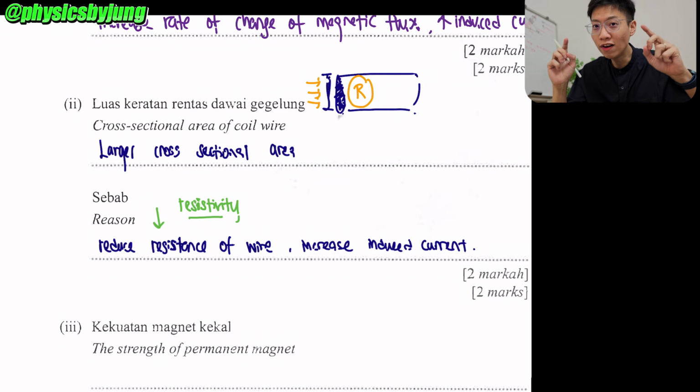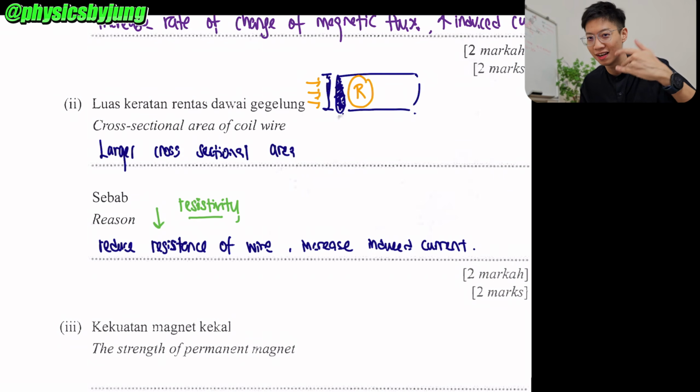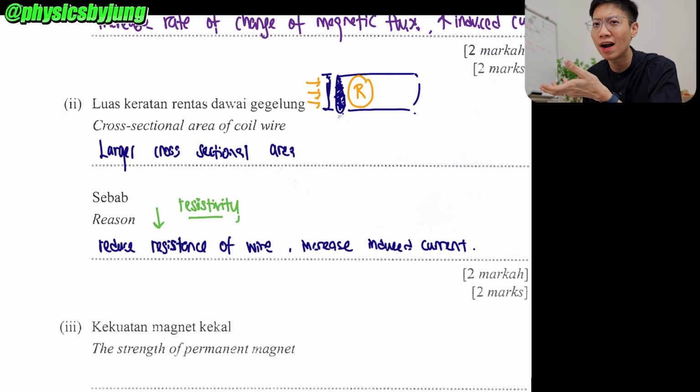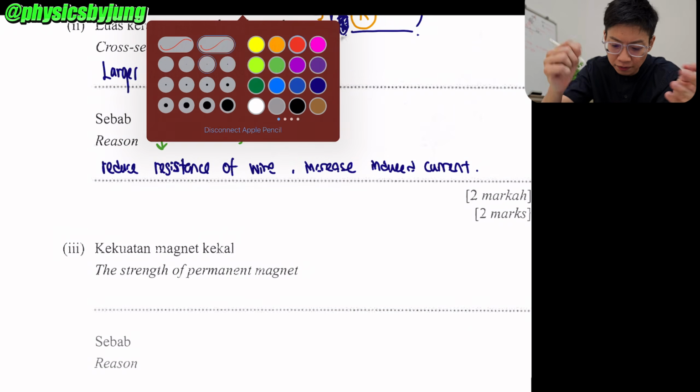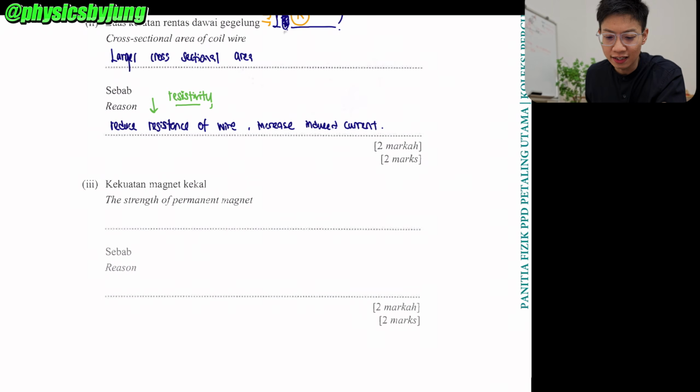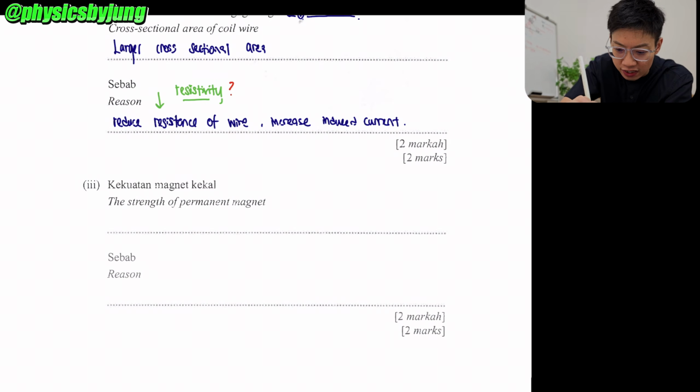Okay, can you all leave me a comment? I'll leave the answer in the comment section a while later, and I want to see what you all think. Can we use resistivity here? If yes, then why? If no, then why? We'll see who has the better comment. Alright. Now, so to increase the induced current.